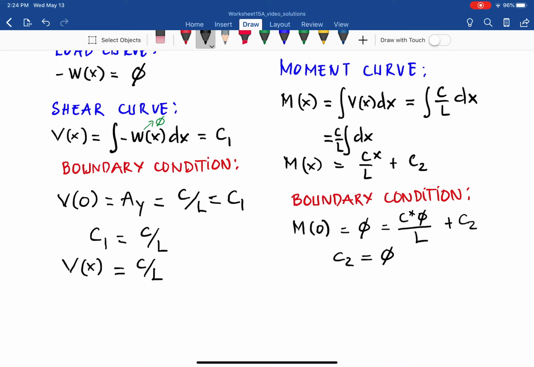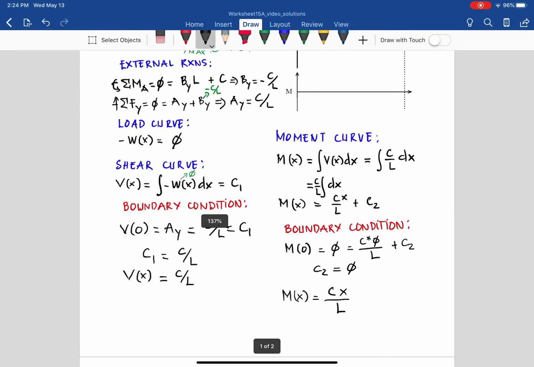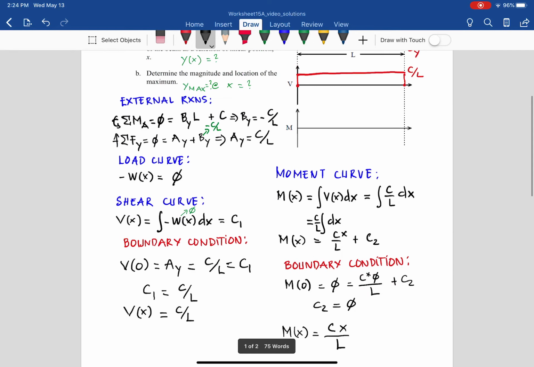What we have for the moment curve function is Mx equals Cx over L. It varies with x. So start with x equals 0, then it equals 0. It's linear, so if x equals L, plug in, you see C times L over L, the L cancels out, so it is C.